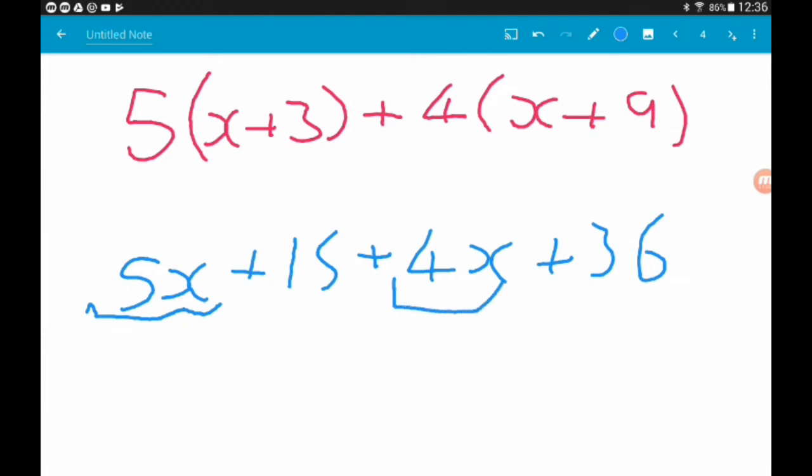So we've got 5x plus 4x. That's going to give us 9x. And then our number terms, well, we've got positive 15 add 36. 15 add 36 is going to give us plus 51. And there it is, expanded and simplified.